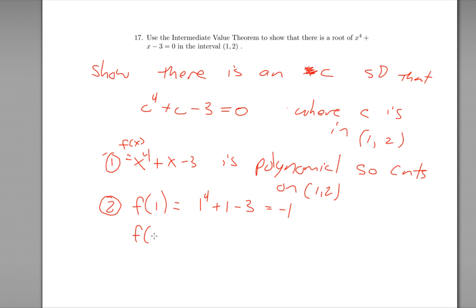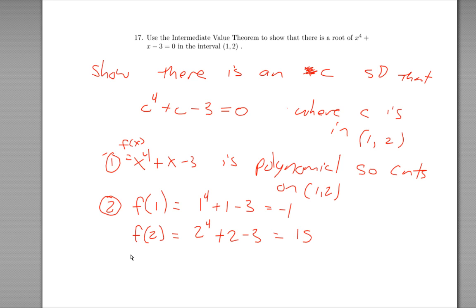F at 2, so what happens if we plug in 2? We get 2 to the fourth plus 2 minus 3. 2 to the fourth is 16, plus 2 is 18, minus 3 is 15. Okay, so we have a situation here where our function at one number is negative. Our function at a different number is positive.